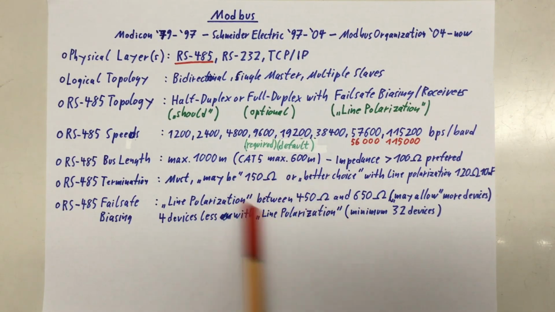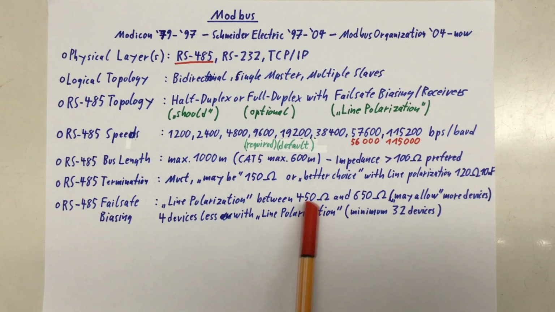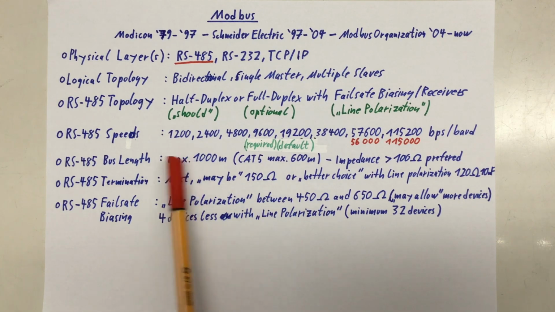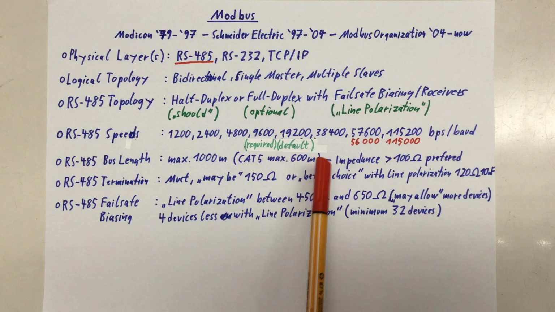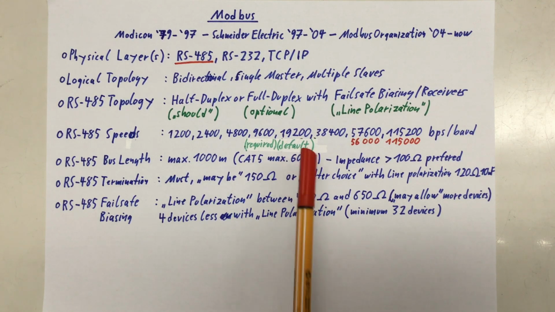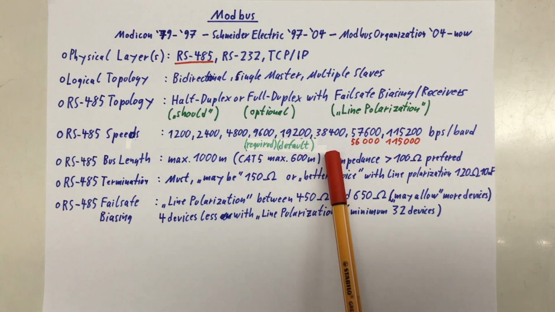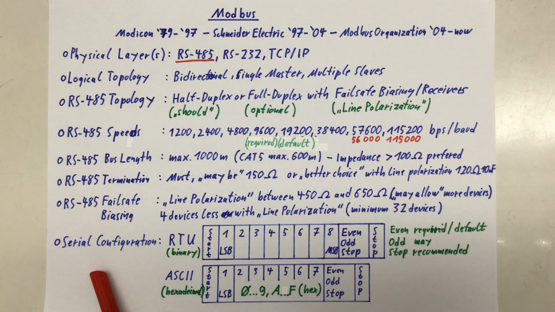That all creates points of impedance mismatch on the transmission line and those reflections. The answer here is that because of the comparatively low speeds, by default 19,200 bauds, they don't care as much about reflections. One more dreary point before we move on to something a bit more interesting, the serial configuration.